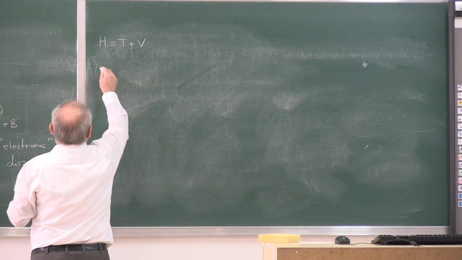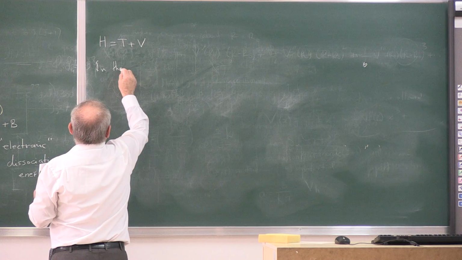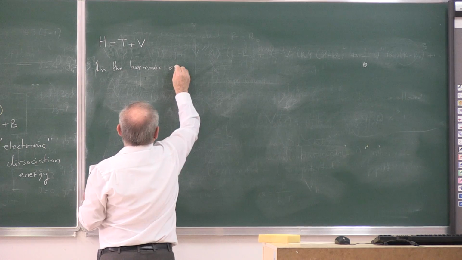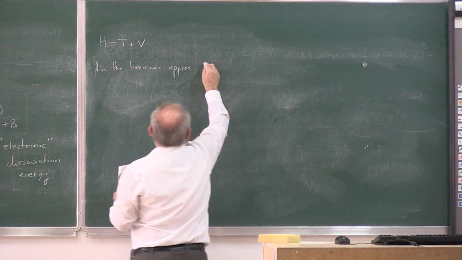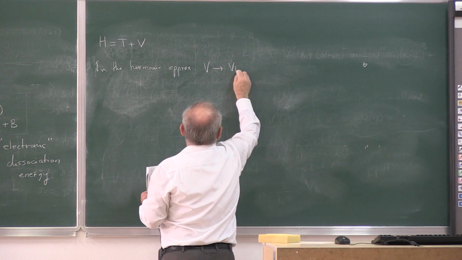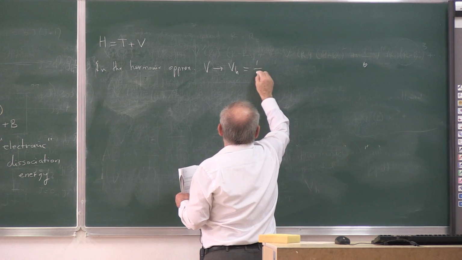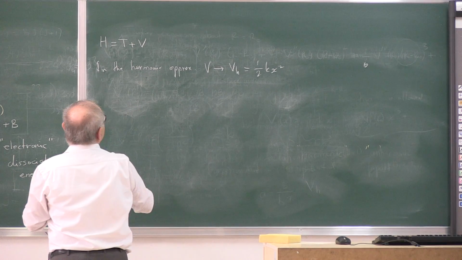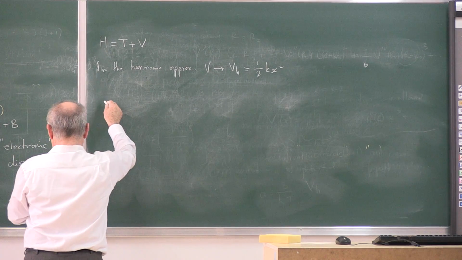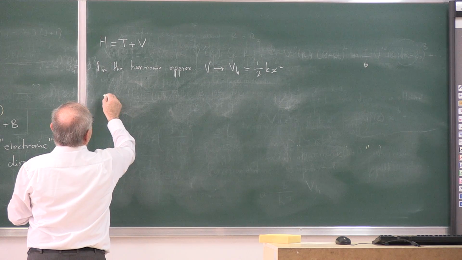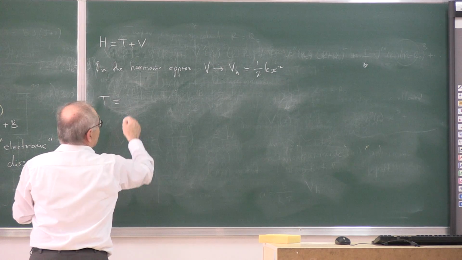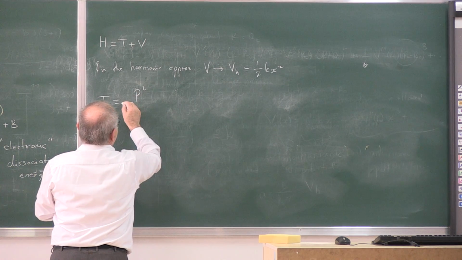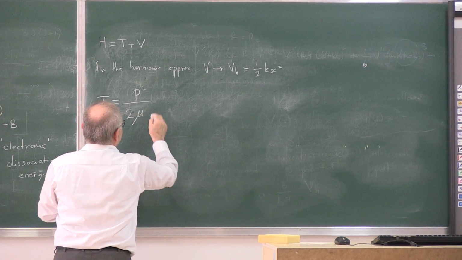For the vibration in the harmonic approximation, for V, we take the harmonic, which is 1/2 kx square. And kinetic energy is square of linear momentum divided by 2 times reduced mass.